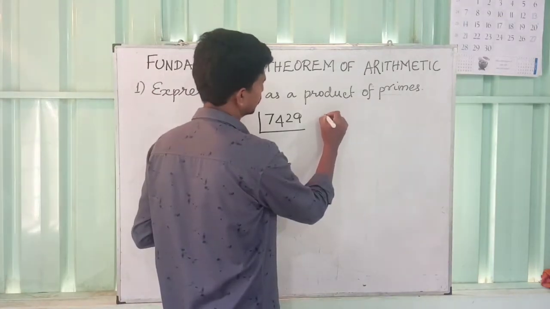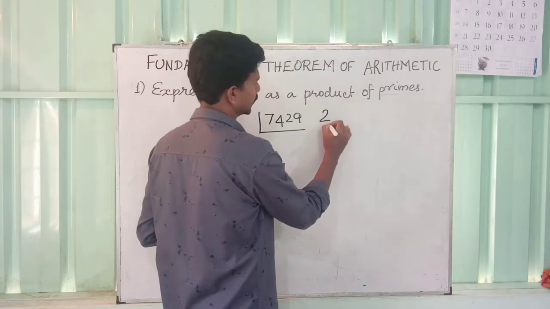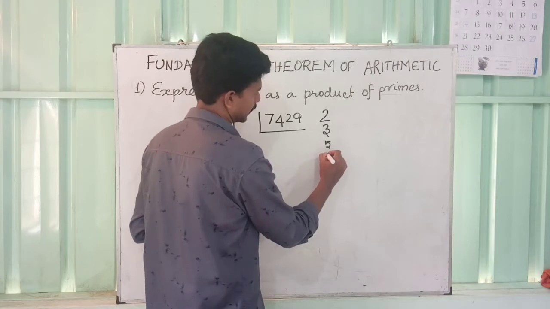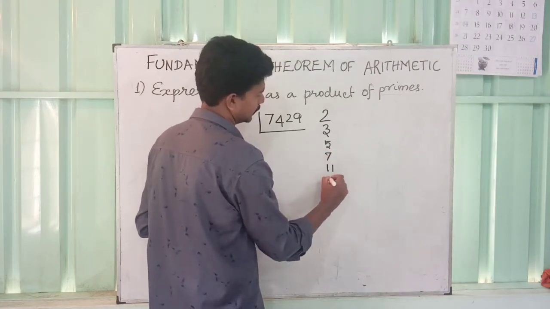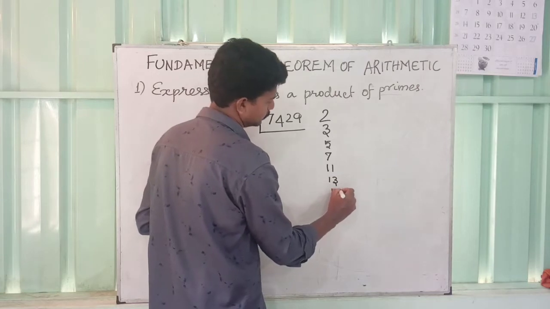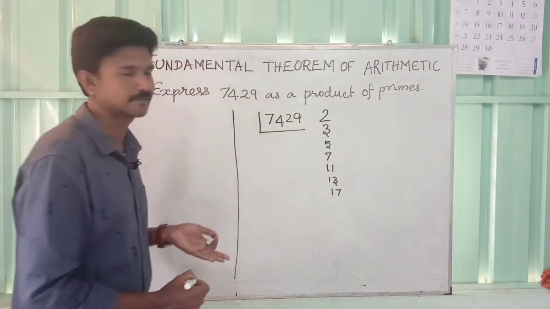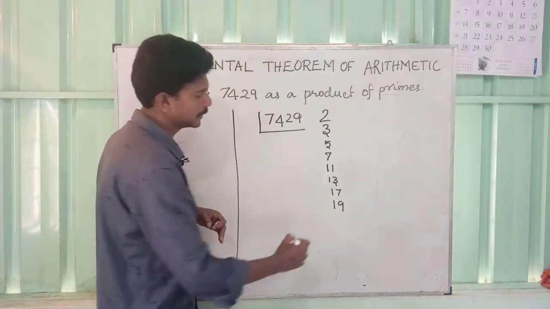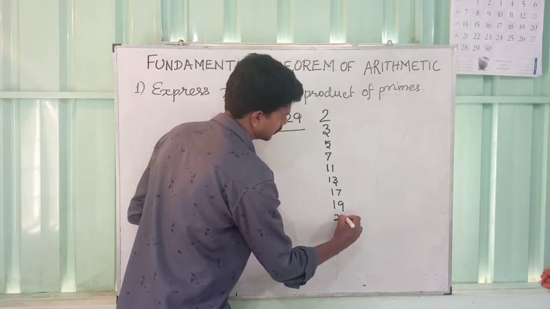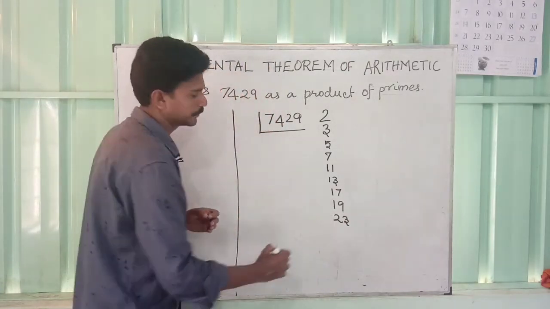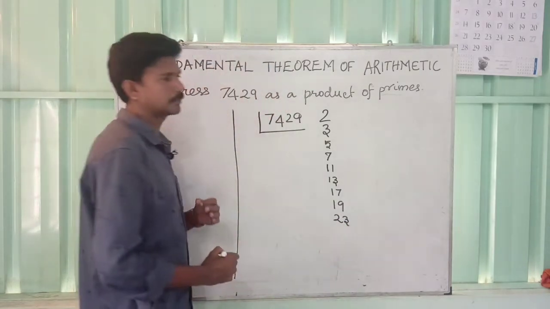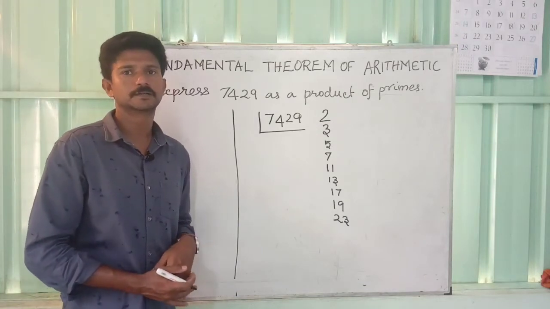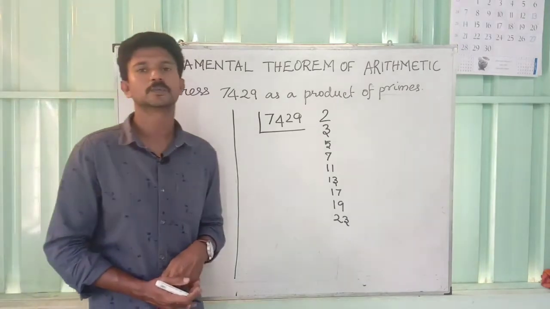The first prime number is 2, second is 3, third is 5, the next prime number is 7, then 11, then 13, then 14, 15, 16 are not prime numbers, 17, then 18 is not, 19 is a prime number, then 20, 21, 22 are not prime numbers, 23, then 24 is not, 25, 26 are not, then 27 is also not a prime number, and after that 29.